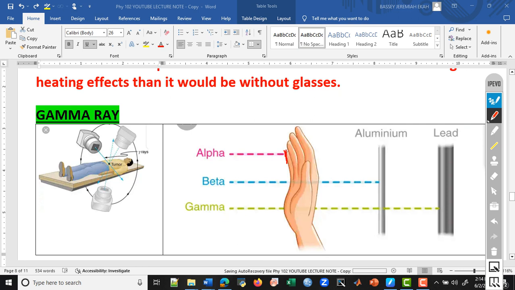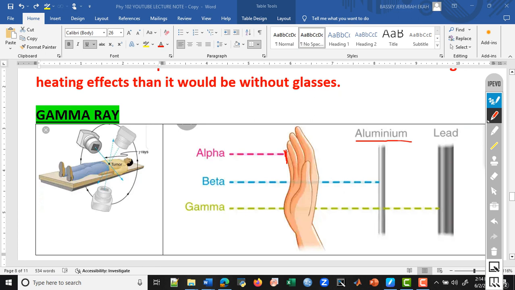Here we have the gamma ray. So gamma ray has a short wavelength and a higher penetrating power. It has the potential to penetrate the human skin and even aluminum metal. It could be absorbed by heavy metals like lead and all of that.